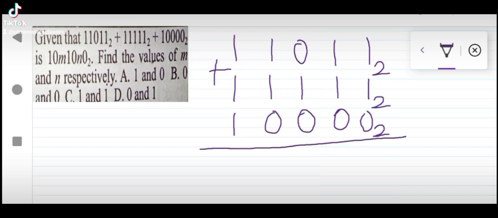And the question continues. The sum is 10m10n0 base 2. Find the values of m and n respectively.